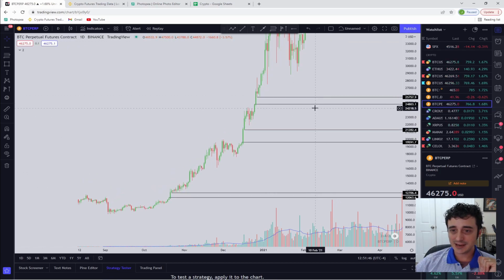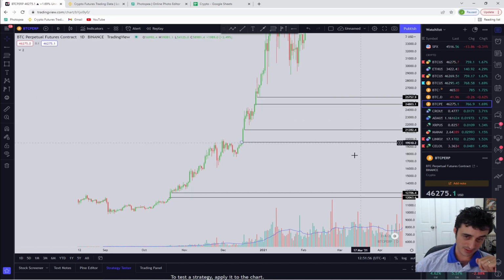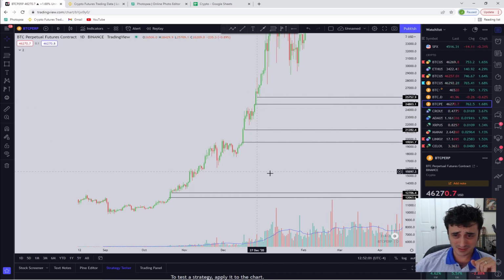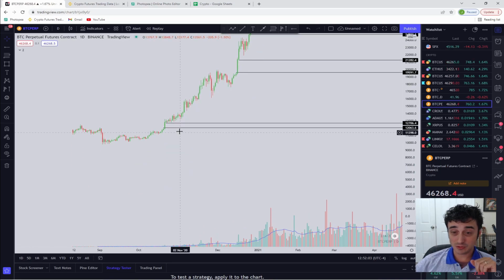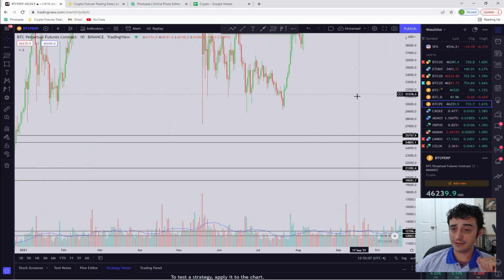We've got this guy here from 24.8 to 25.750. We've got this guy here from 19,600 to 22,000. I actually think price is going to be in this range by the end of this year, but not because of these gaps. And then we got this guy here at 12,000. I don't think that's getting mitigated anytime soon.